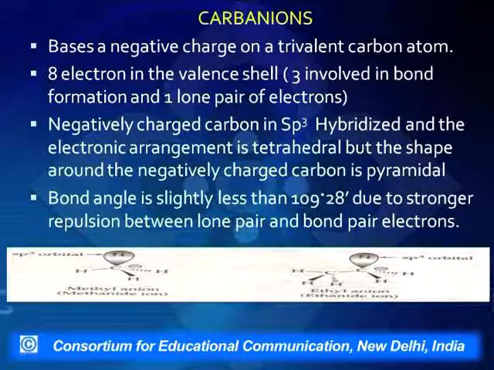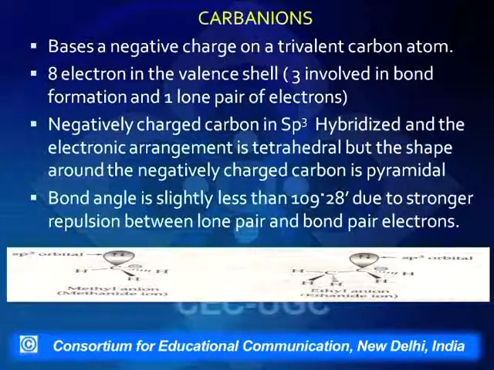is more electronegative. The second case is, suppose an alkyl group is attached to an electron withdrawing group like a CHO group or NO2 group, then those will withdraw the electrons towards themselves, making that hydrogen, the alpha hydrogen, acidic in nature.